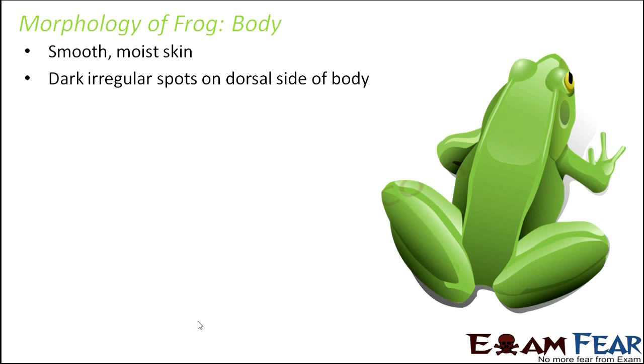However, they have dark irregular spots on the dorsal side of the body. So somewhere around this side, this is the dorsal side. Here you will often see some spots like this, which are normally absent towards the ventral side, that is towards the below side, the belly region. On that side, mostly these spots are not seen. They are present only on the dorsal side.